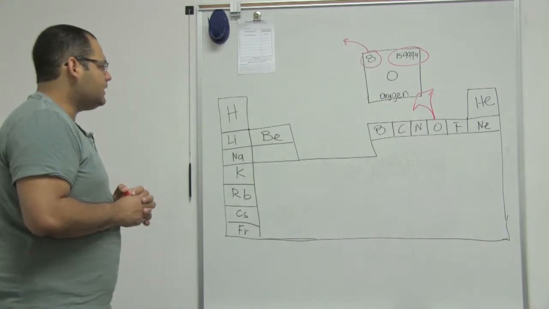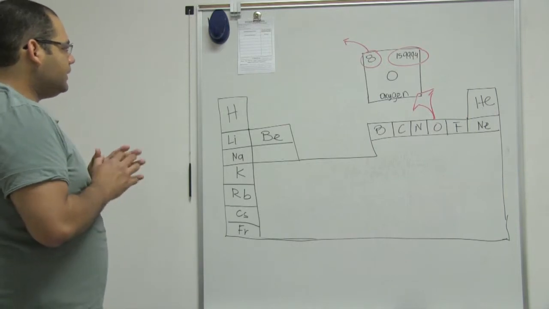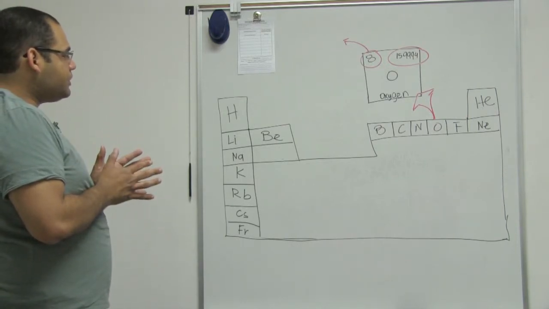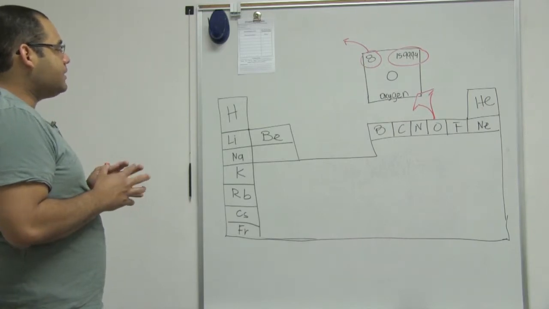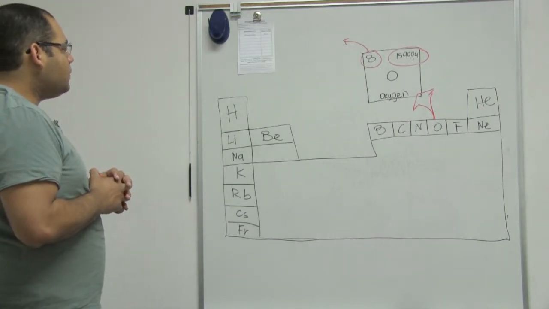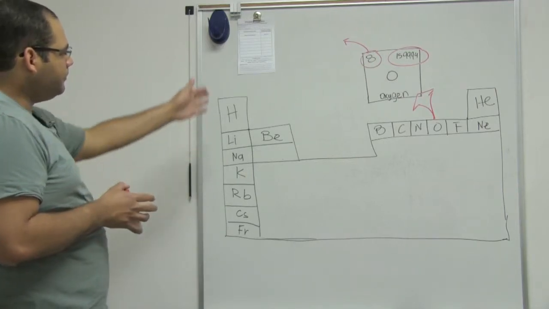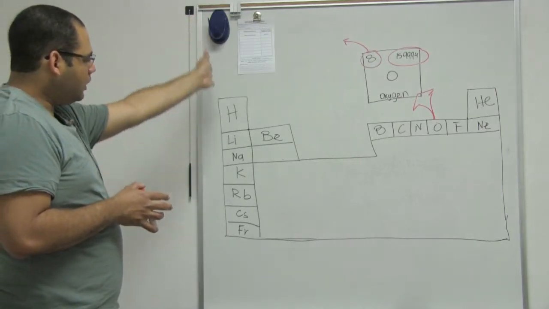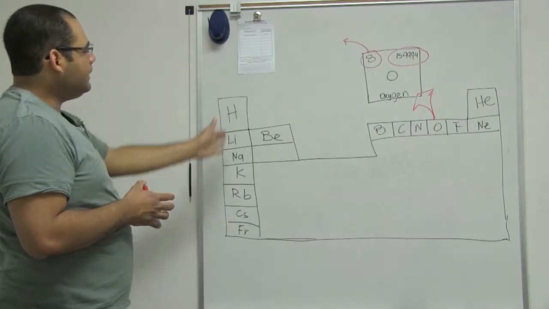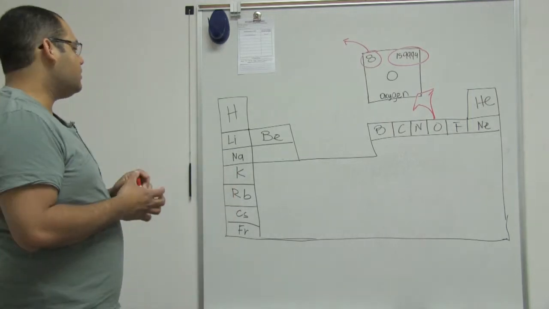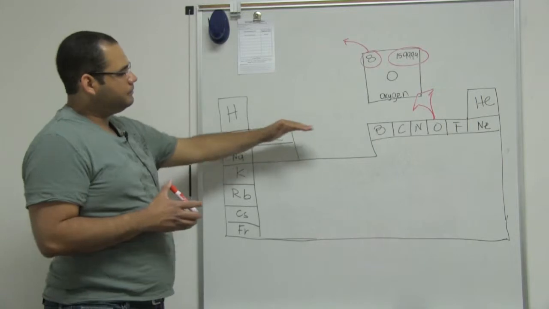Also, I want to talk a little bit about periods and groups. Our periodic table first started being organized by a scientist called Mendeleev. He tried to organize our periodic table in columns, and the columns stand for elements that have the same chemical and physical properties, as well as in rows.